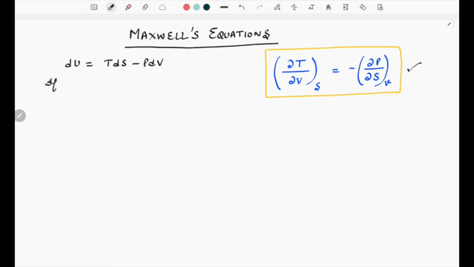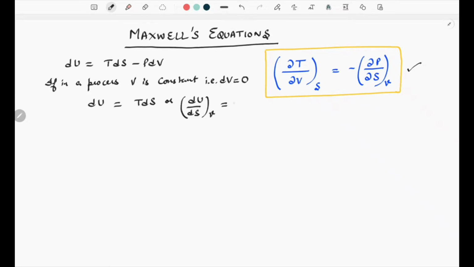Now, if in a process volume is constant, that means change in volume is 0, then the above equation gives you dU is equal to TdS or dU by dS at constant volume, that is equal to temperature.